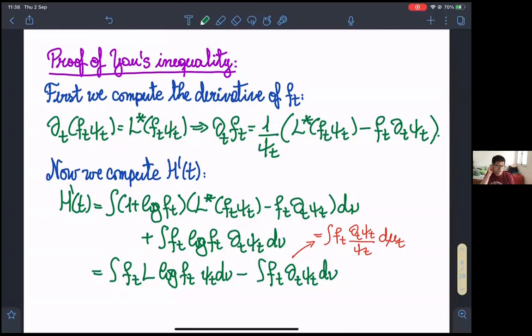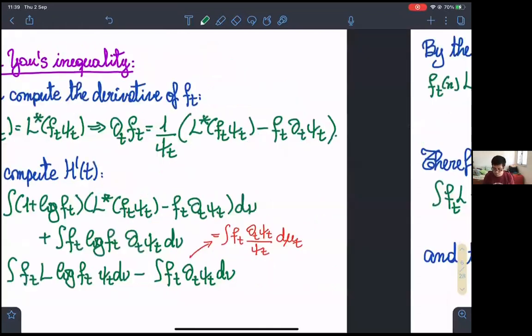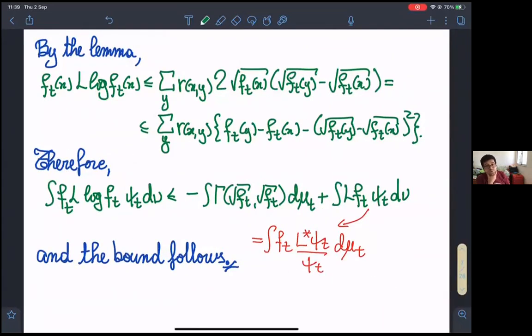Okay, so there is this ft times L log ft that has this tendency to pop in. The idea is that when you look at ft, L of log ft is a sum of a bunch of terms of the form a times log b minus log a. Okay, so this is what is on here. So you just check it, and because of the lemma, you can bound this expression.